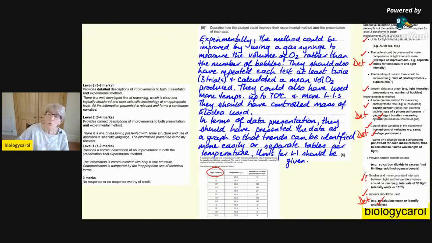And I also completely forgot to mention how I should have added sodium hydrogen carbonate to the water to provide a controlled source of carbon dioxide. So I missed that. I wasn't absolutely sure whether I would have got 6, and I ended up giving myself 4. I would have either got 4 or 6 because I think I would have won the communication mark under both categories, both levels.